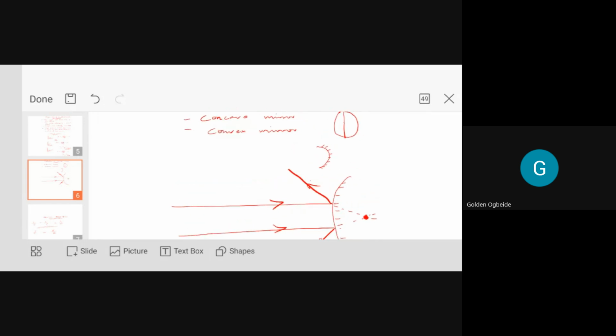I explained how the images will be formed and where they will be formed at various positions of a concave mirror. And I said a convex mirror is always a diverging mirror, hence a virtual image is always formed, which means the image will be formed behind the mirror. This is where I want us to end the class for today.